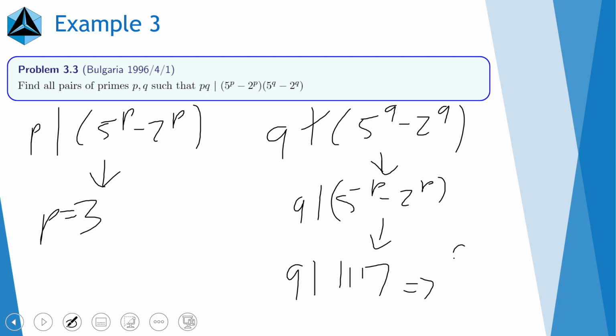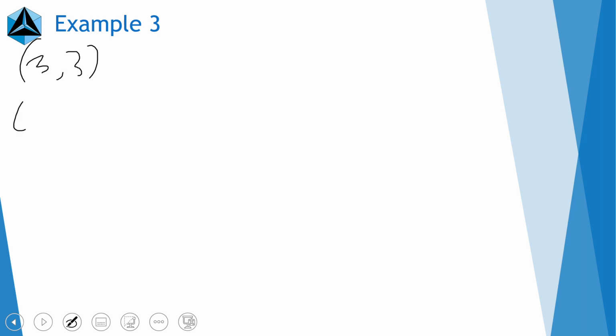This gives us that q is equal to 3 or 13, so this gives us the pairs 3, 3 and 3, 13. And since we already have 3, 3, we'll just write 3, 13.